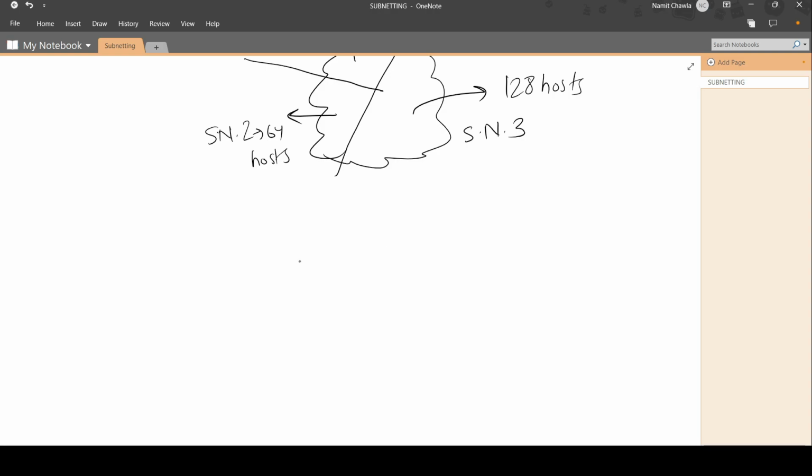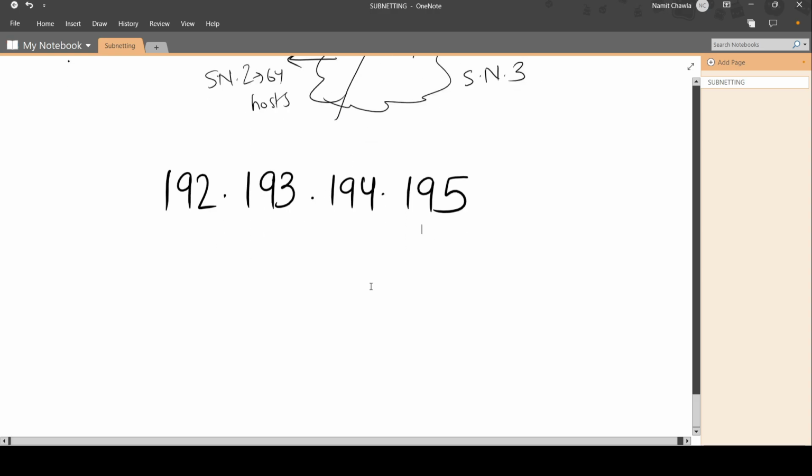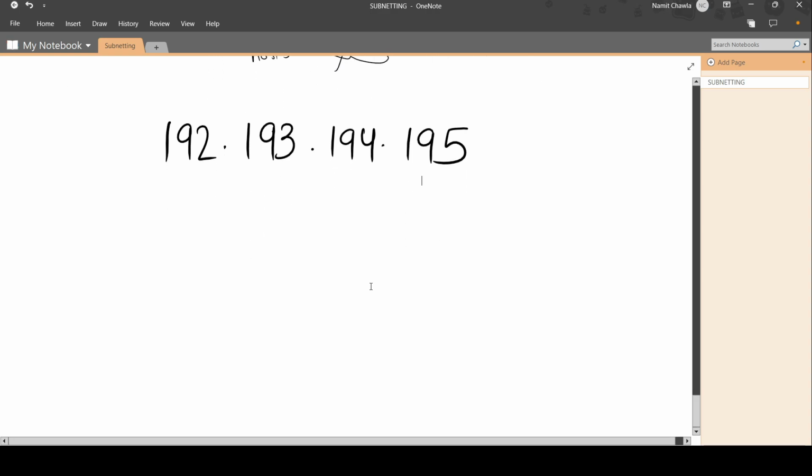Very easy. Let me just use the bold pen. Okay, so the IP address is 192.193.194.195. This was the IP address.